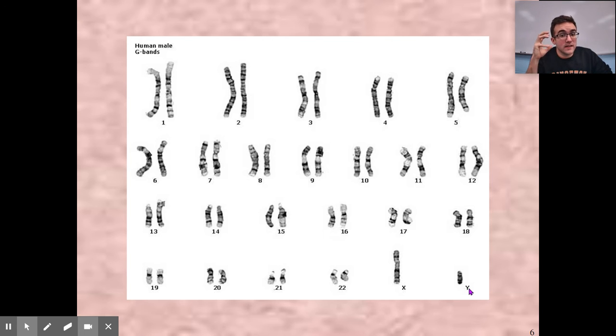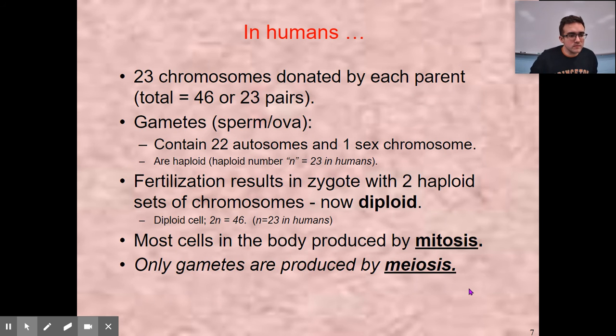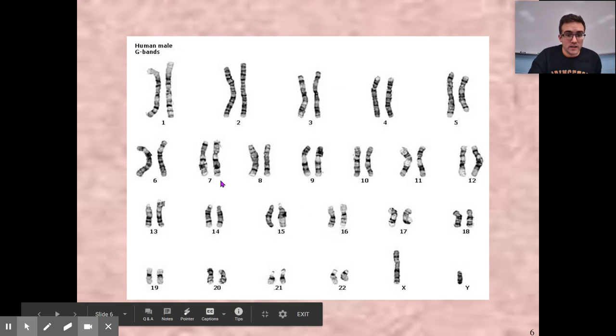So now you have an idea of chromosomes and the homologous pairs, that they do carry the same gene, just different versions of that gene. Let's get into meiosis, because that's a critical part of understanding what happens in meiosis. So in humans, we have 46 total chromosomes, or 23 pairs. This is shown here.